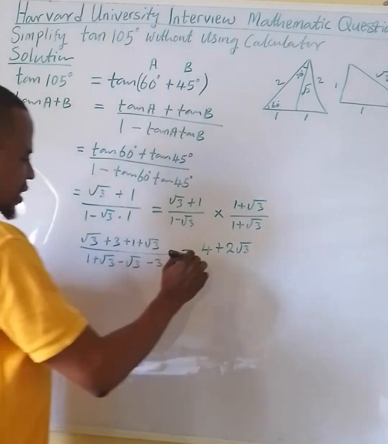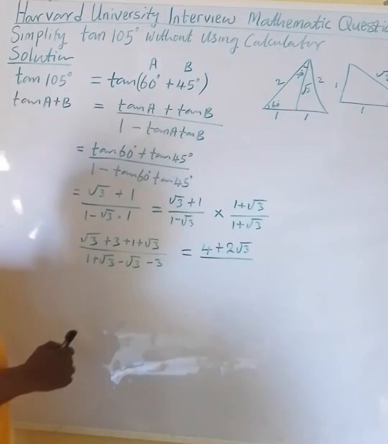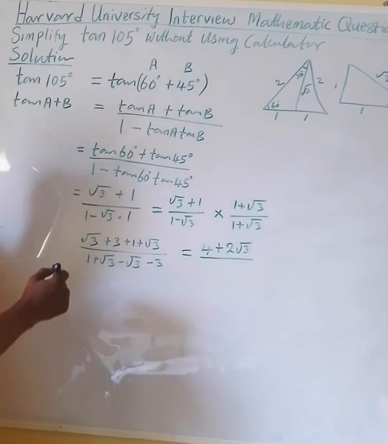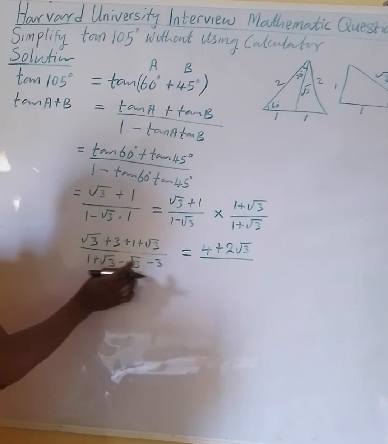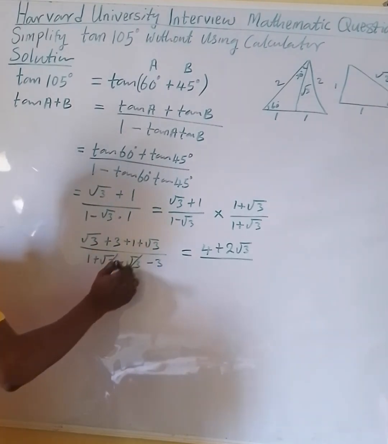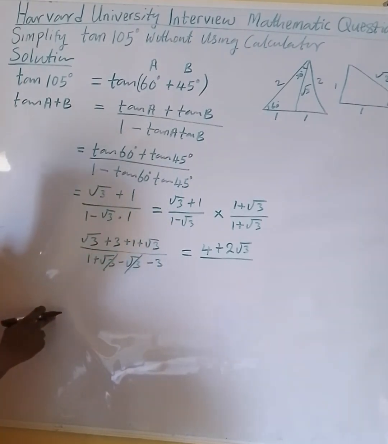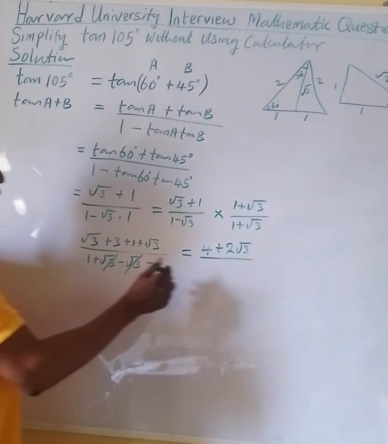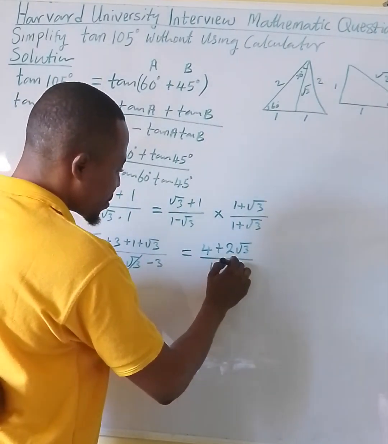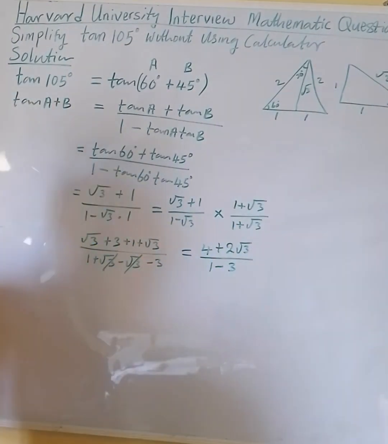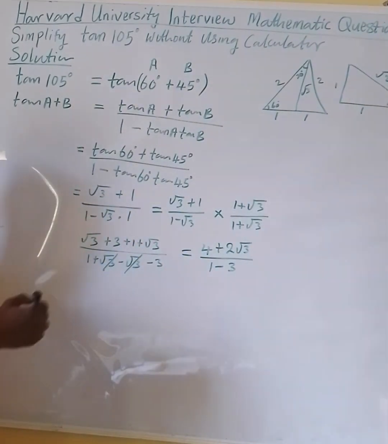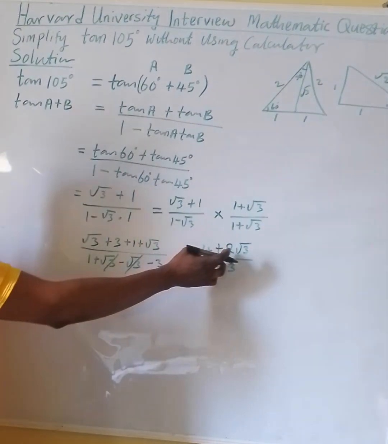Are we together? So all over, when you look at what we have, root 3 minus root 3 will cancel each other. Now we have 1 minus 3. Isn't it? So from there, we look at what we have: 4 plus 2 root 3.